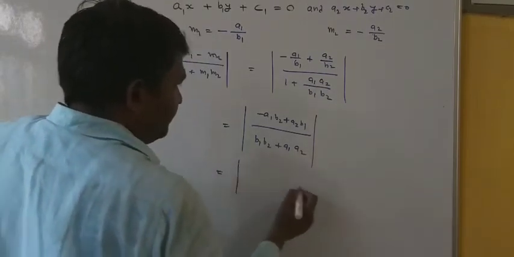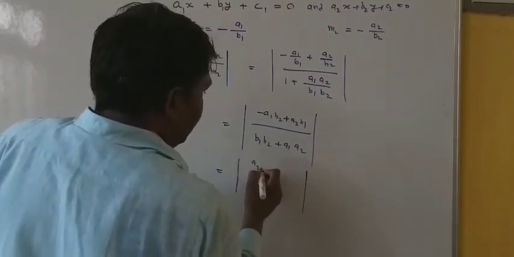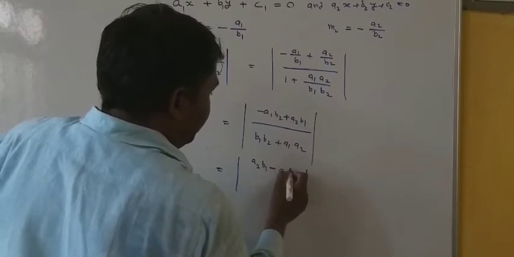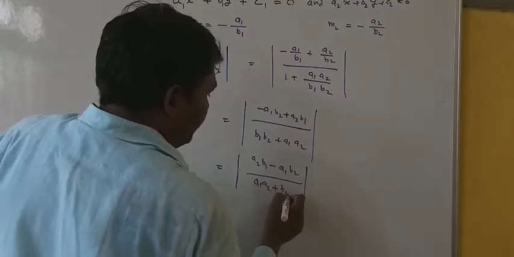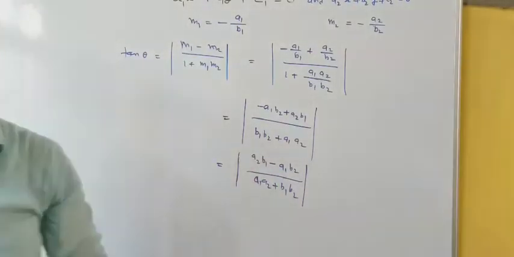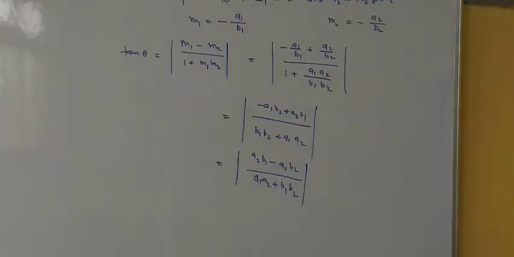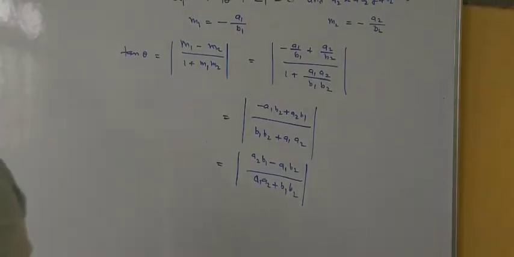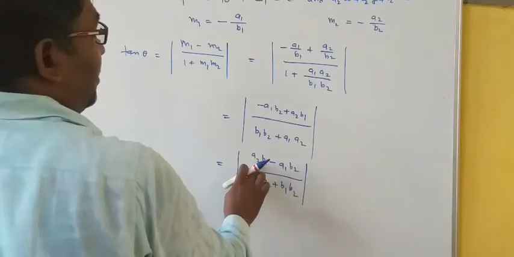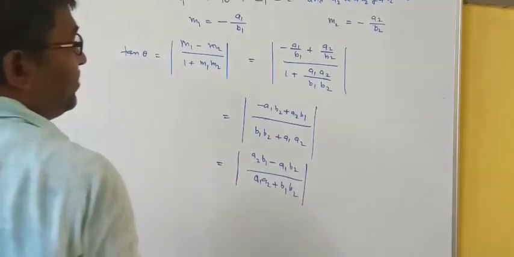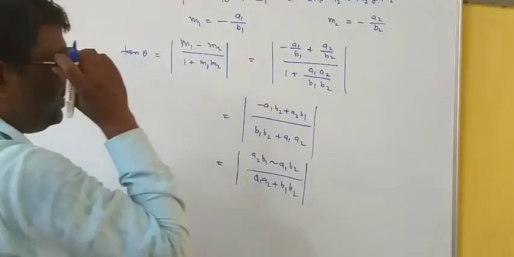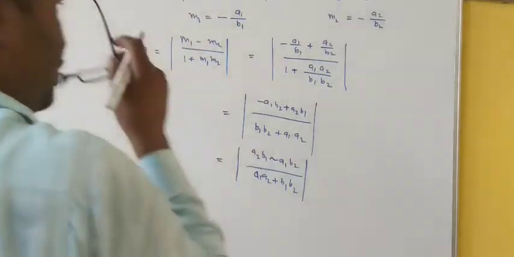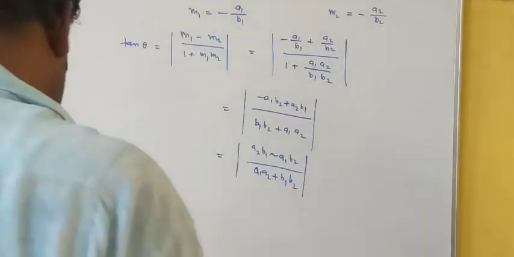This may be written as a2 b1 minus a1 b2 upon a1 a2 plus b1 b2. You have to take the difference here. It doesn't matter whether this one is larger or this one is. You have to take the difference, and finally you can write it as a difference, since you have to take the magnitude of this value. So by using this formula we can calculate the angle between them.